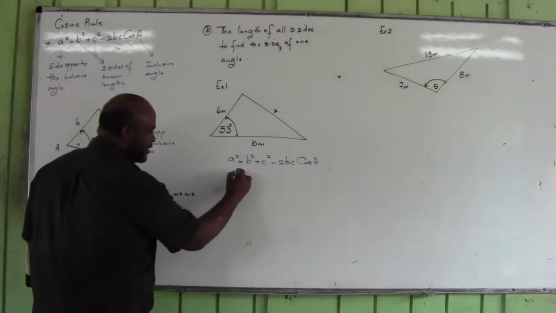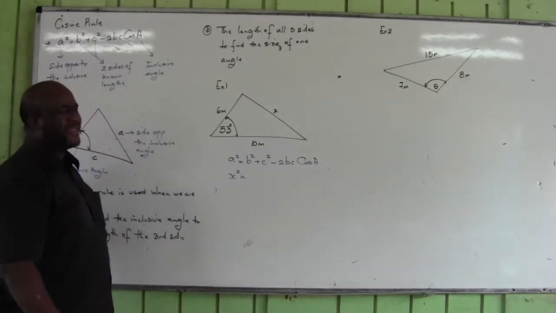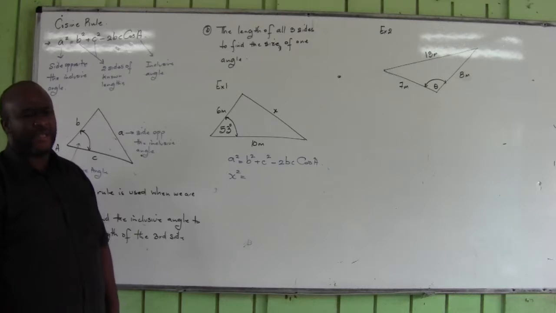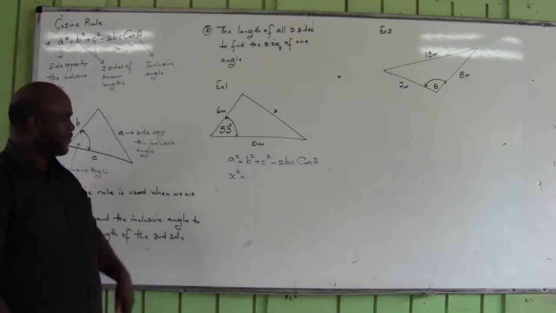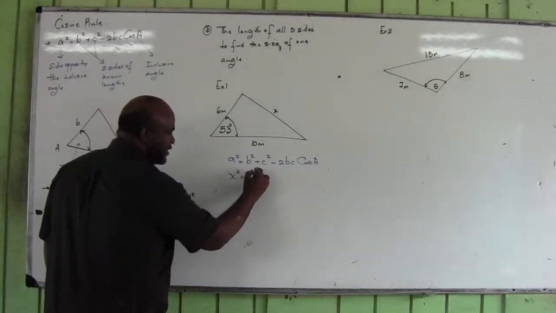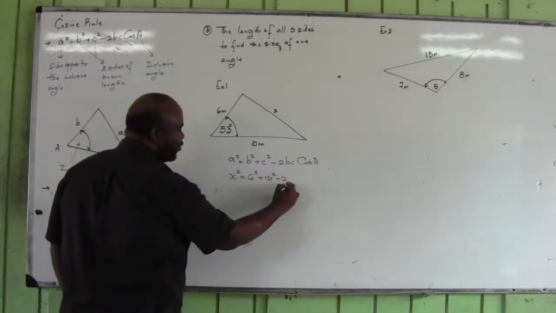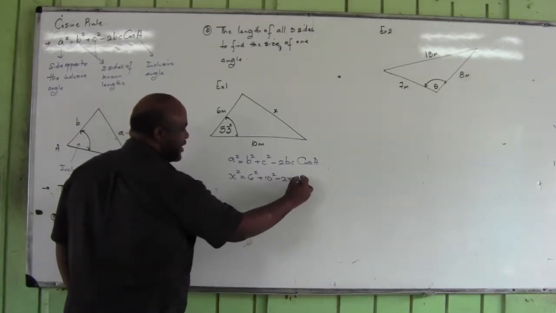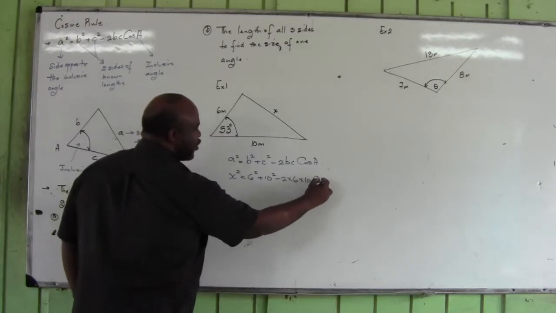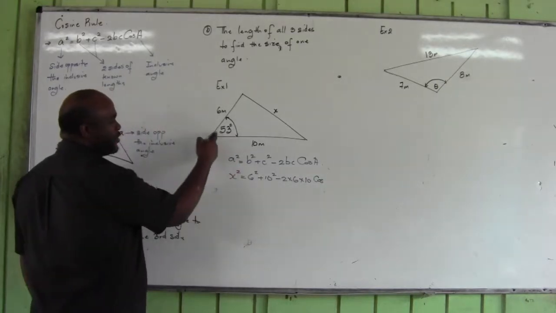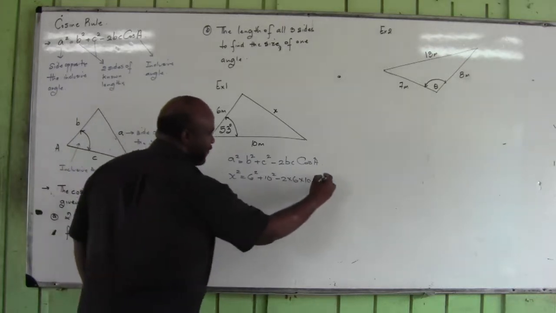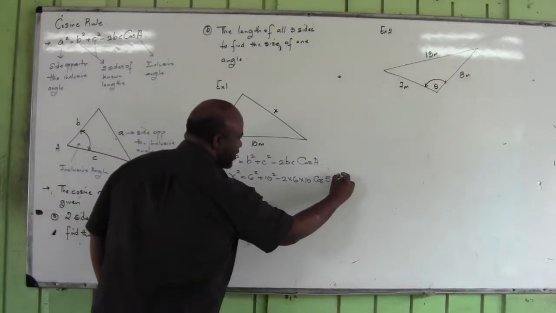So this is x squared. B and C are the other two sides, 6 and 10. So this is 6 squared plus 10 squared minus 2 times 6 times 10 times the cosine of the inclusive angle, 53.